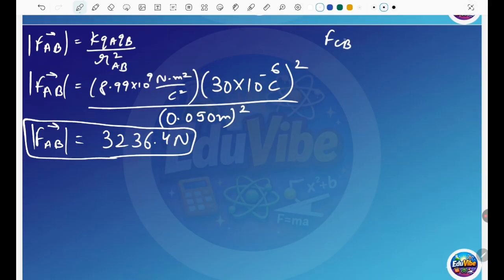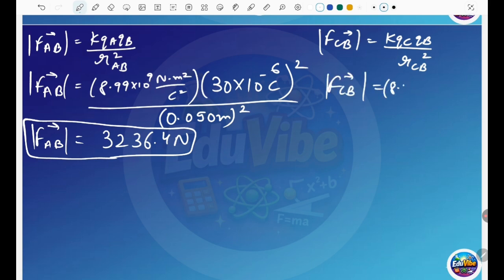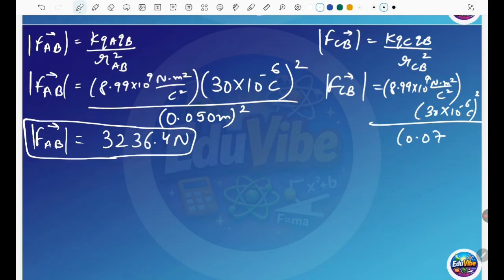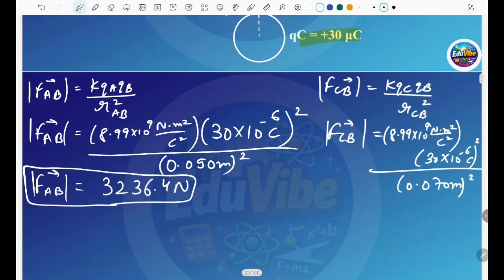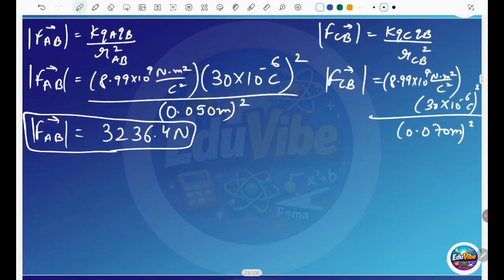Same for the CB. So k Q_C Q_B over r squared CB. k is again the same, and Q_C Q_B remain 30 times 10 raised to power minus 6 coulombs squared, and that whole divided by 0.070 meters squared.